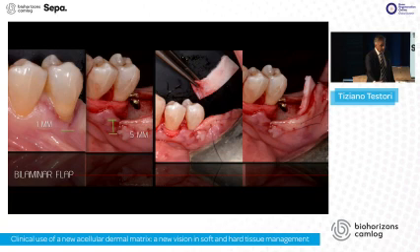And on the implant side, Novo Matrix is attached to the inner part of my flap.